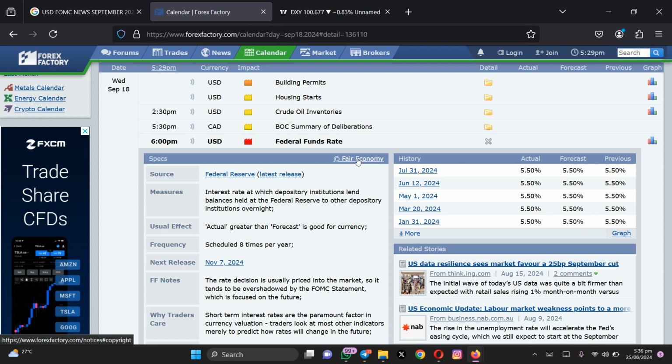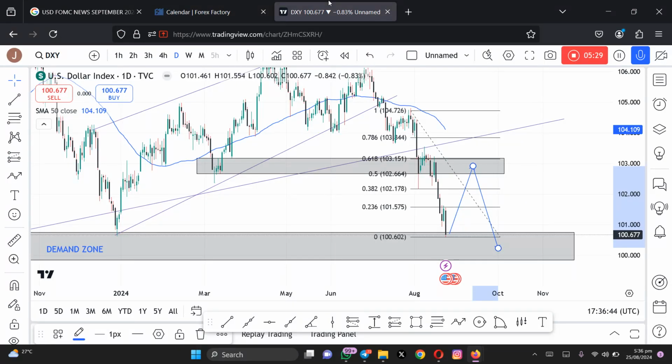Japan had a rate hike. Since we know forex is full of correlations, we are to expect the opposite from the Fed. So we will be expecting an actual lesser than the forecast. That will be bad for the currency, and we are to expect the dollar to dip and lose its value.